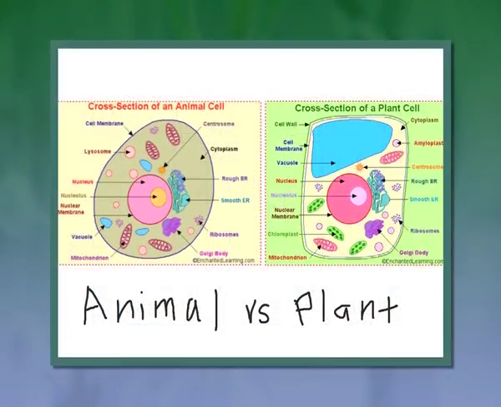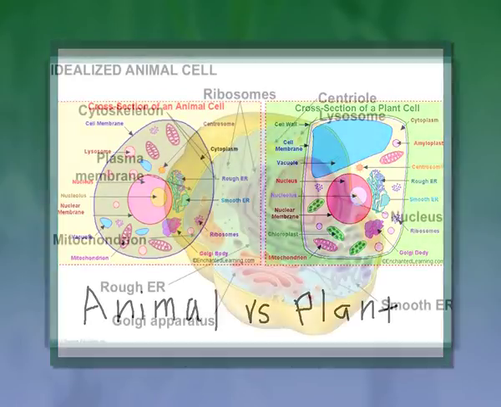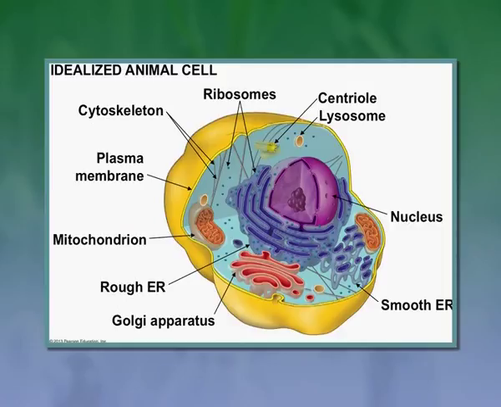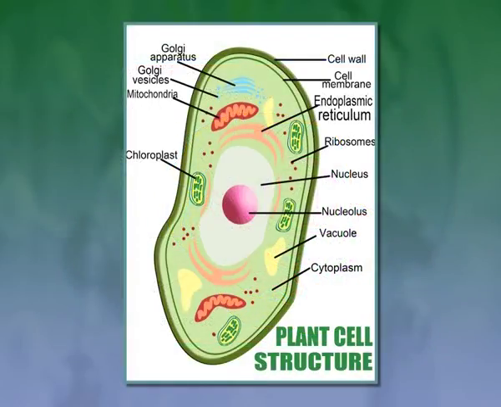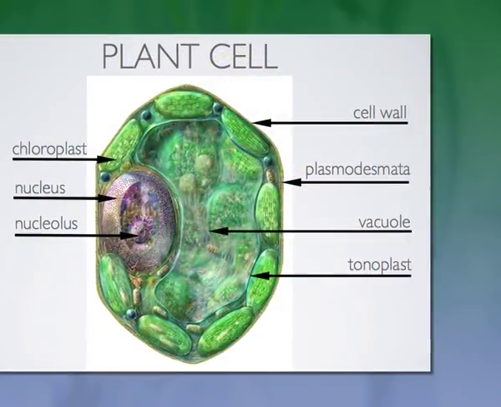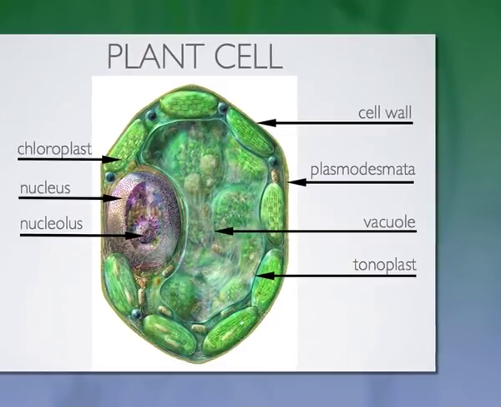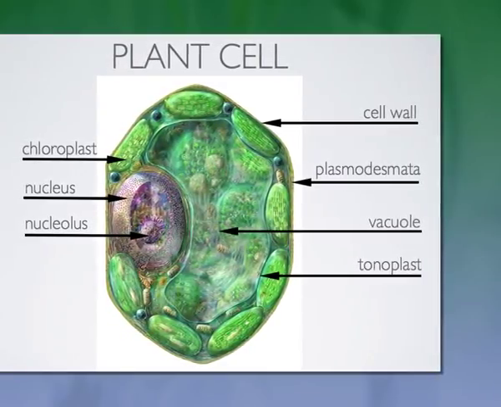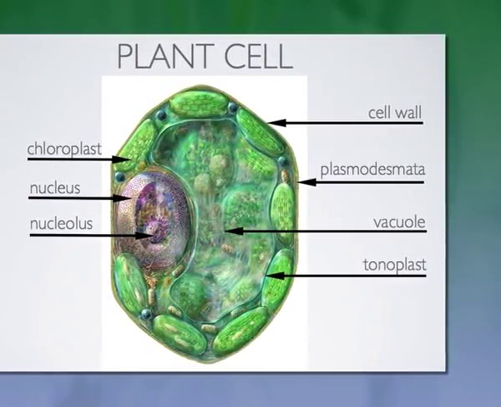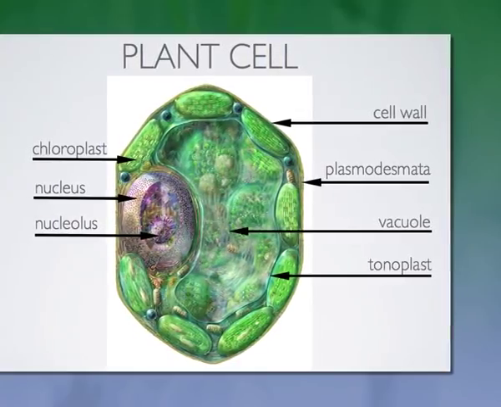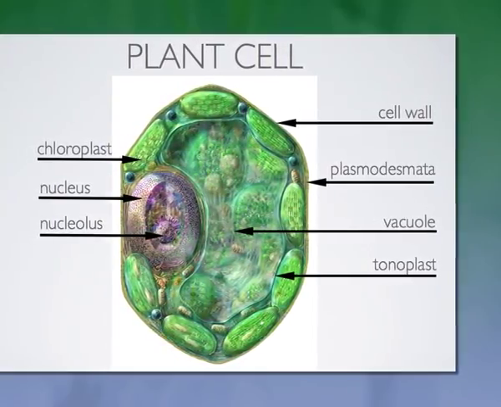The second picture shows you a diagram of both plant and animal cells, and this diagram clearly indicates that there are a number of components within the cell that are common to both plant and animal cells. Some of the structures are specialized plant cell structures like the chloroplasts with the thylakoid membranes, which are involved in photosynthesis.